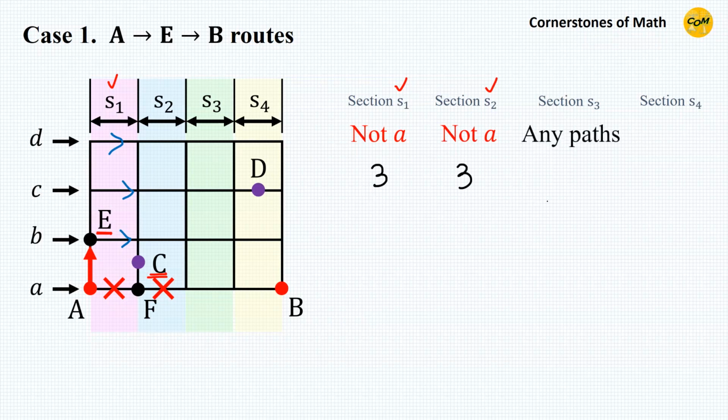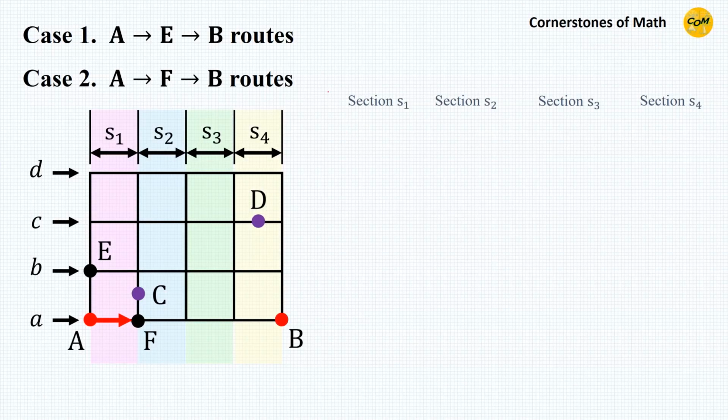For section S3, we can choose any path, so we have 4 choices here. Finally, for section S4, we cannot choose path C because that makes us cross another forbidden point D. So we have 3 choices. Therefore, we have 3 times 3 times 4 times 3, which is 108 different paths.